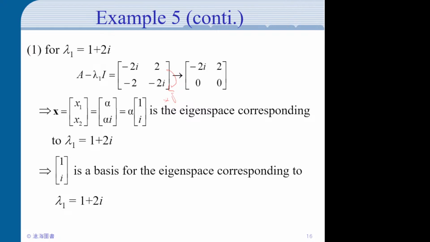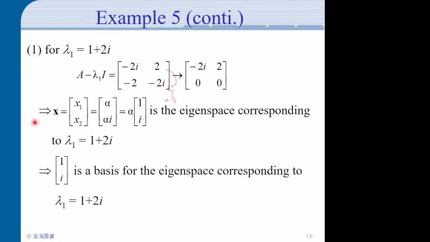So you just do Gaussian elimination with complex numbers, and you can still get a complex-valued reduced row echelon form, although here we don't normalize because it's not quite necessary. You can still eliminate this row, and then you have minus 2i and 2.